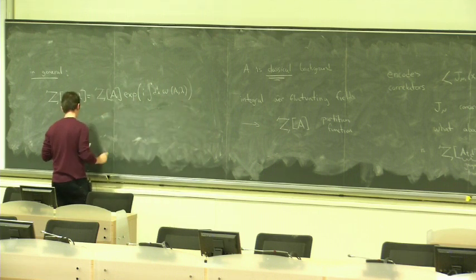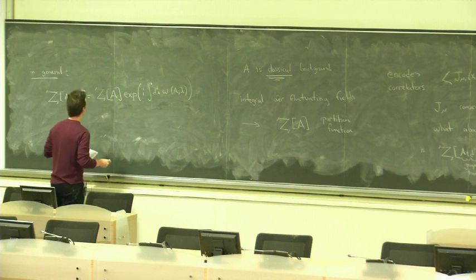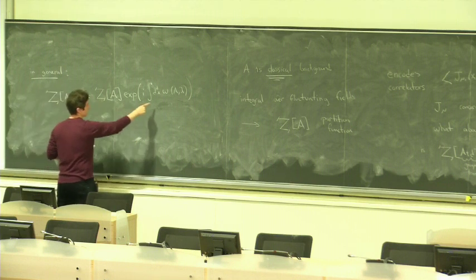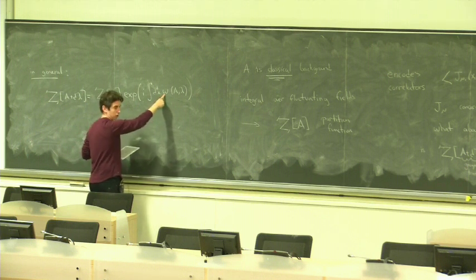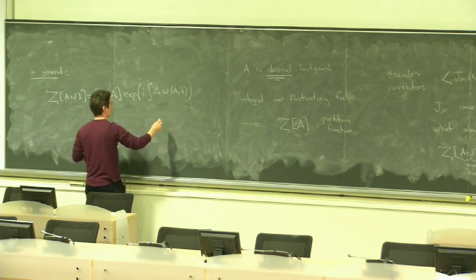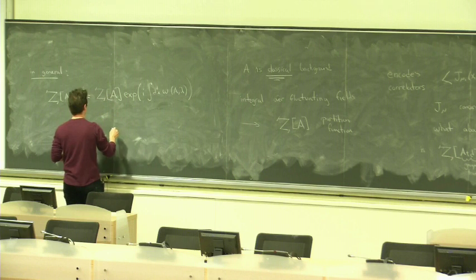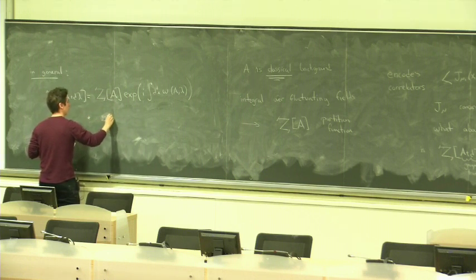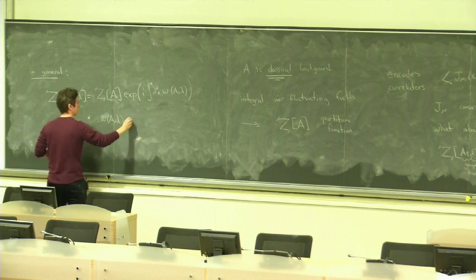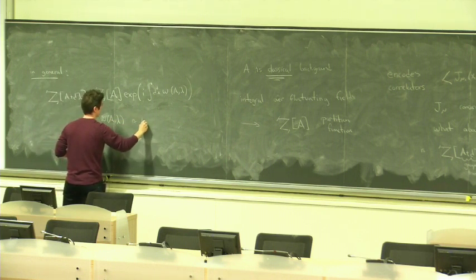Okay, let me unpack this equation. So here we see that there's a correction term, first of all. The correction is controlled by some object omega. And the important point that we should remember, the really key point, is that omega of A and λ is local.